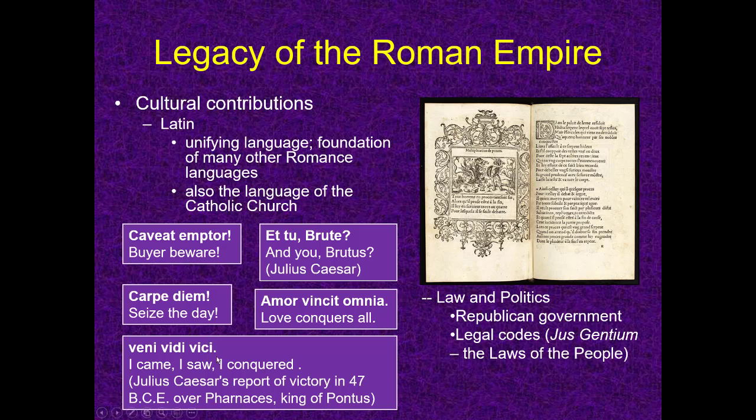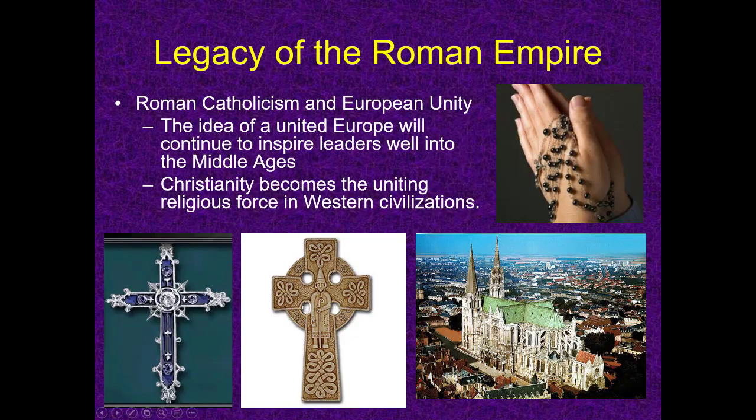But anyway, we get a lot of these phrases, of course, from the Romans. A lot of these ideas, right? Roman Catholicism, European unity. There are going to be kings and emperors that come after the Romans that try to recreate the ideals of the Roman Empire. Charlemagne of the Franks is going to be one of them.